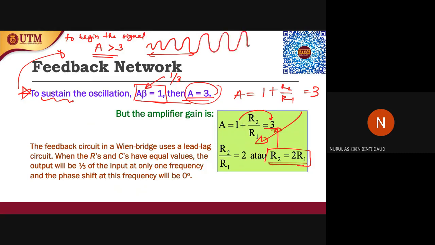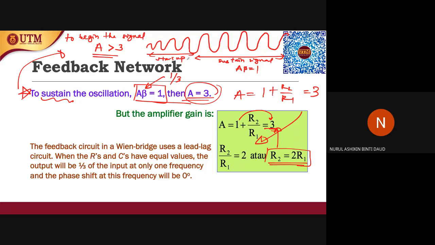At this point, we call this the sustained signal, or sustained system, or sustained waveform. So to get the sustained waveform, A beta should be equal to 1.